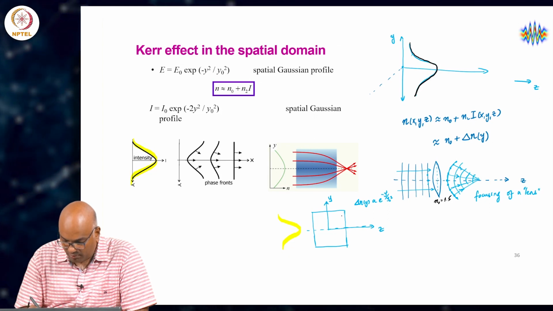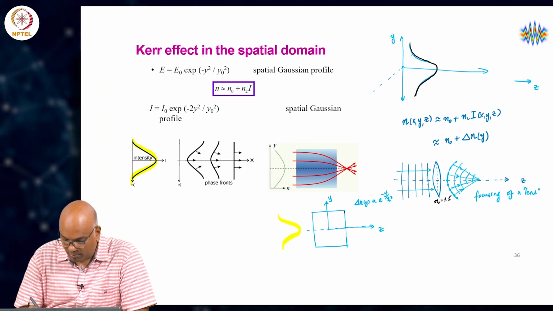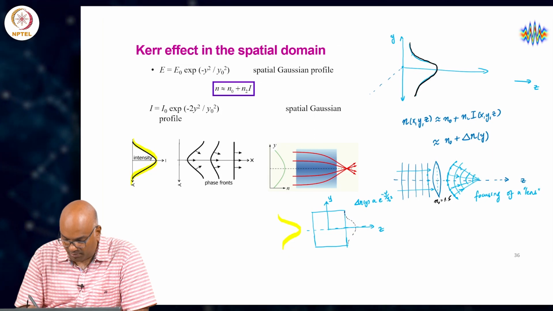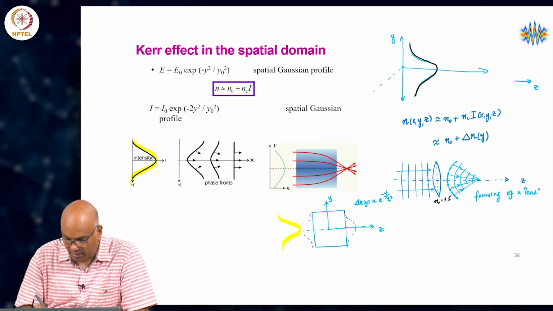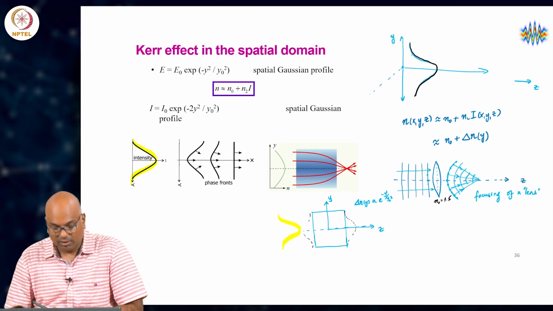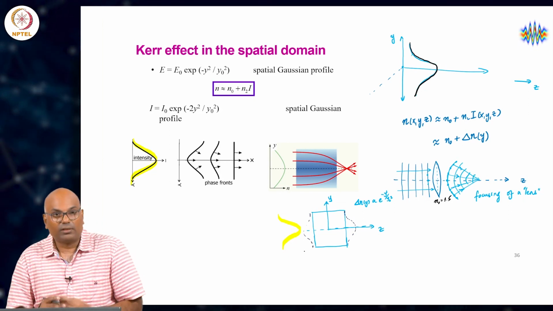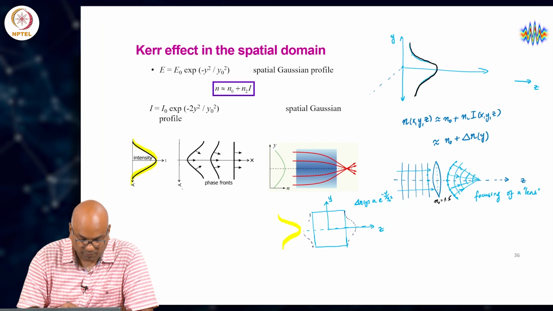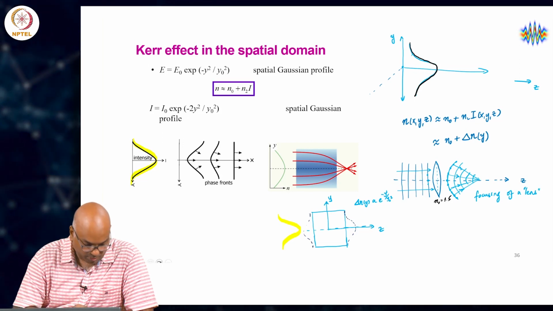As a consequence of this, this medium in some sense develops a profile as far as this pulse is concerned, which is kind of like a bulge. This is what we have indicated in the plot here.